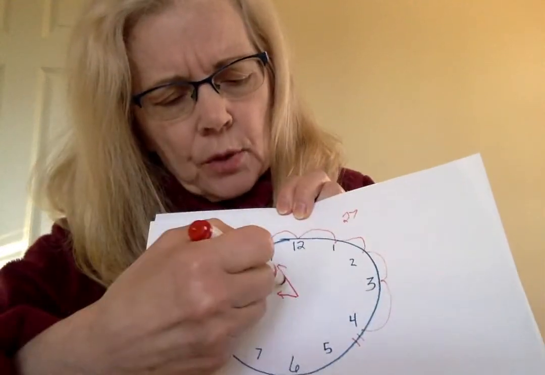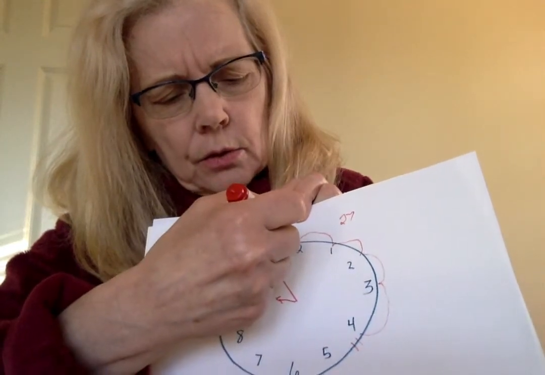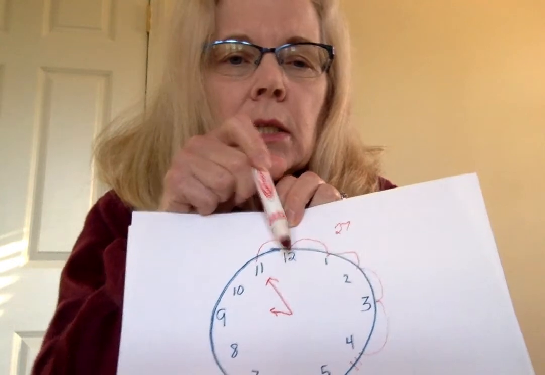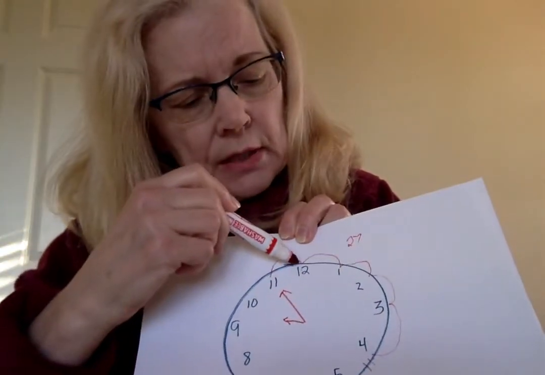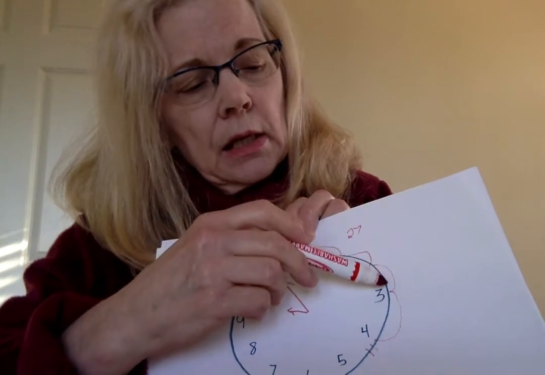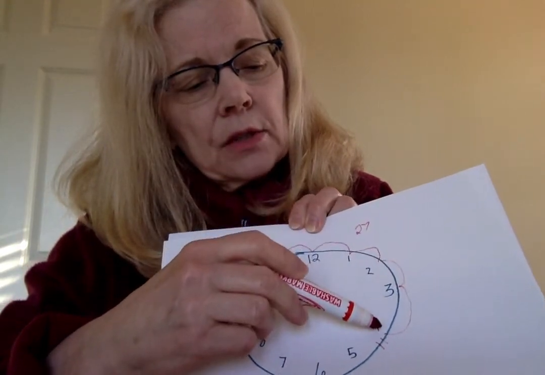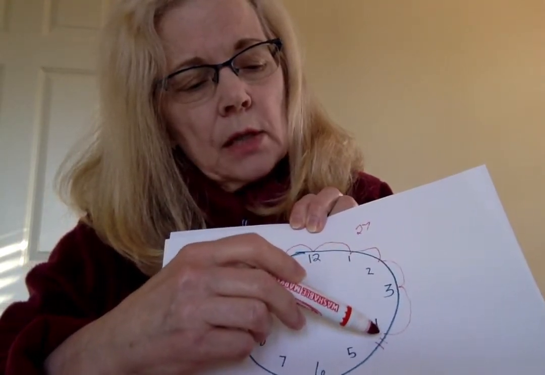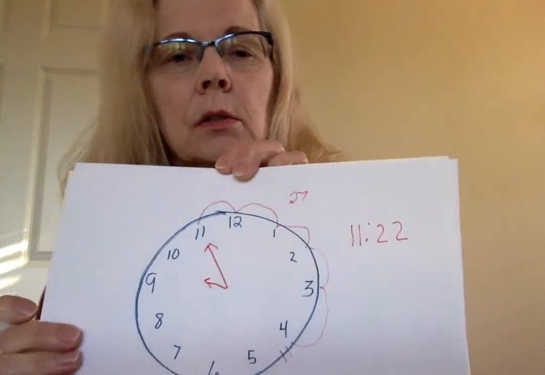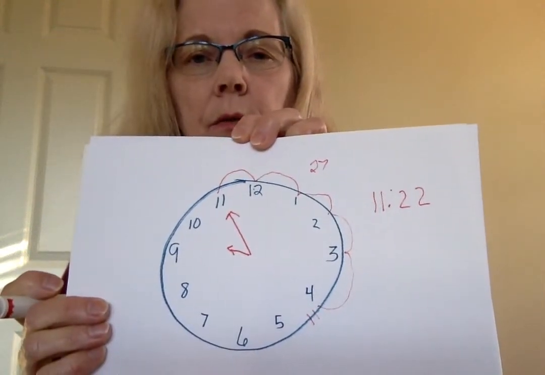Now something happened when we got to here. It became 11 o'clock. Now how many minutes after 11 is it? 11:05, 11:10, 11:15, 11:20, 21, 22. It's 11:22 when we finish our work.